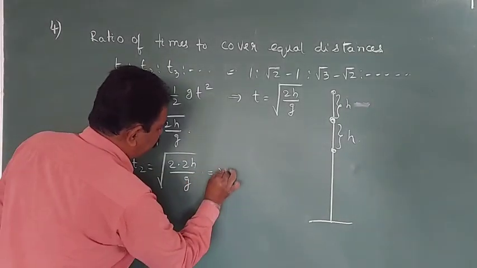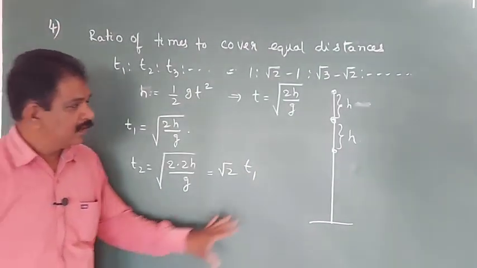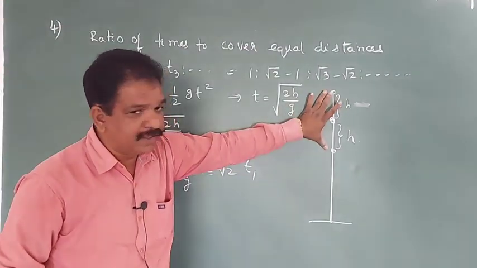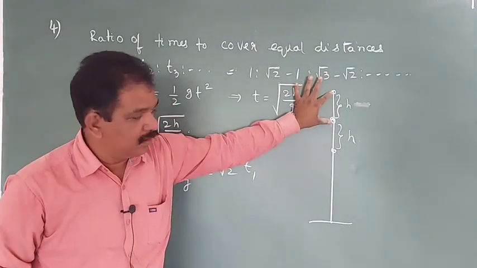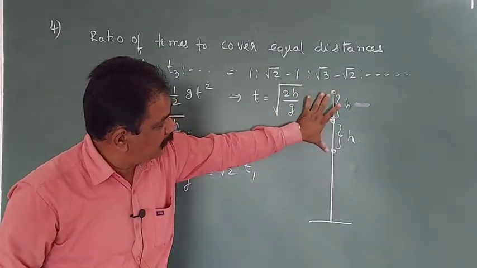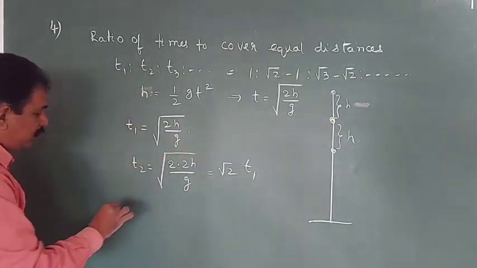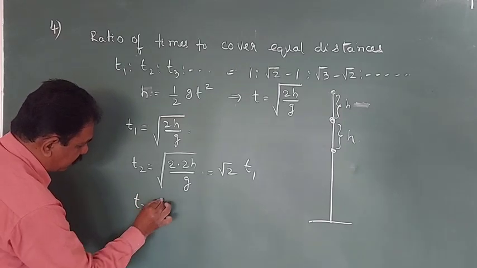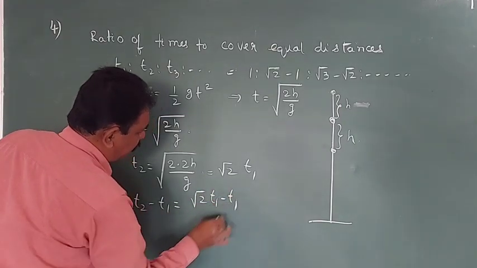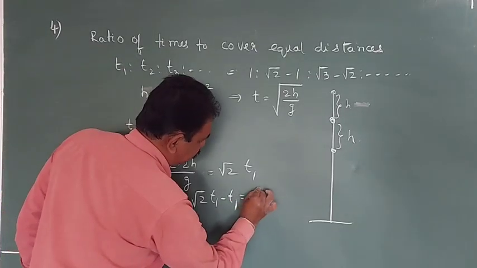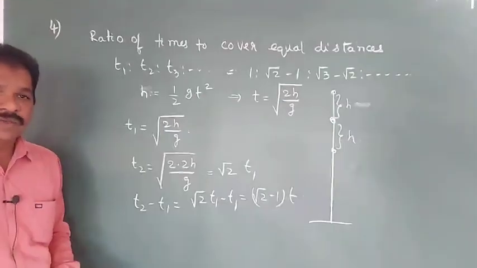This value will be root 2 into t1. Clear? To cover this total distance. From here to here it will be t1. Here to here it will be t2. So this distance it will be equal to t2 minus t1. So this value root 2 t1 minus t1, this is equal to root 2 minus 1 into t1.